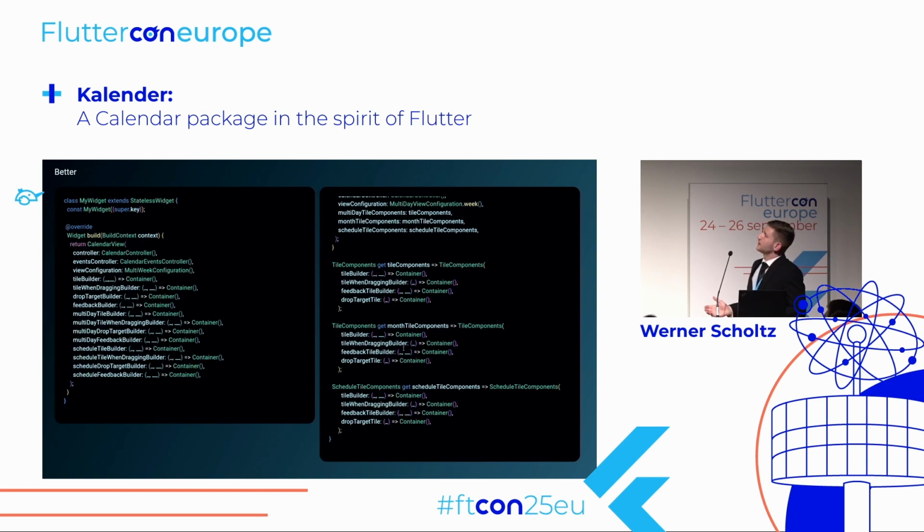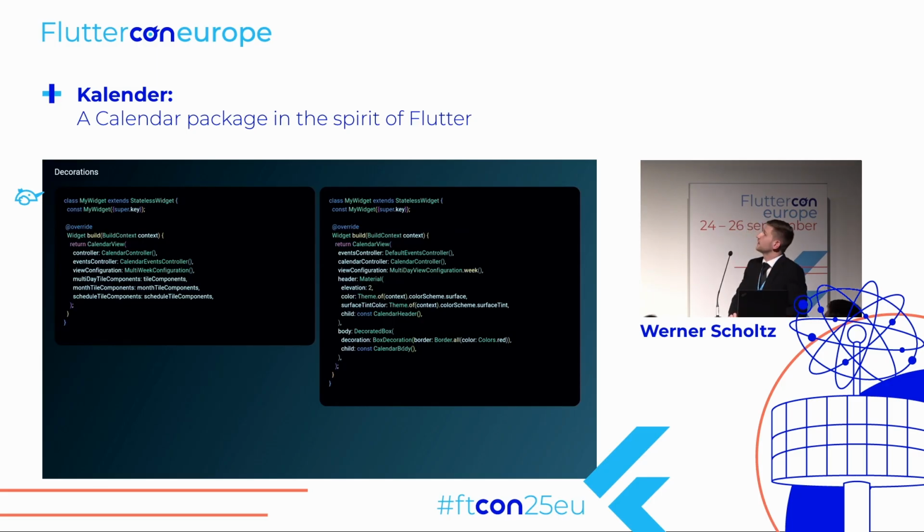Having come this far already, making changes to the package's API, I decided I wanted another change, and that's to allow for more customization in the header and the body widgets, without adding too many new properties to the constructor. So I changed it so the developer needs to provide the calendar header and calendar body directly to the calendar view widget.